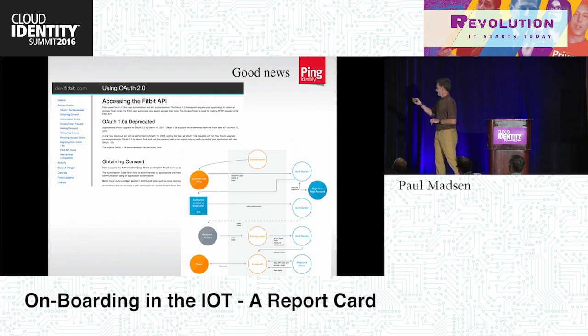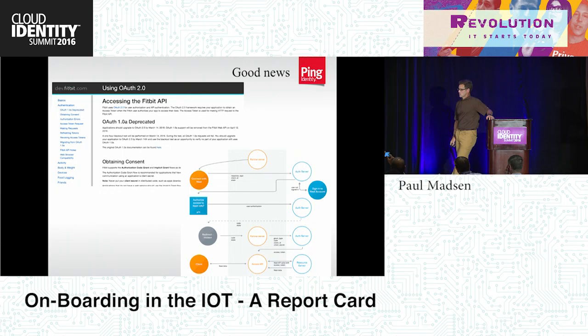So Fitbit and SmartThings, sorry, both secure the APIs out their back end with OAuth 2. So that's an encouraging sign.